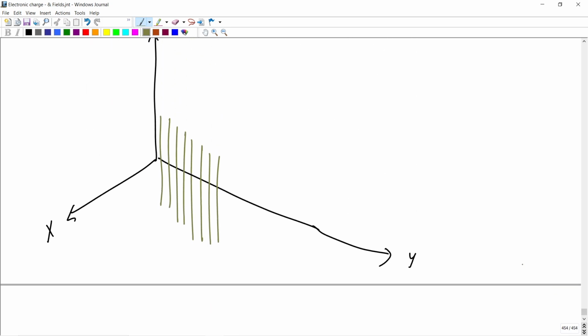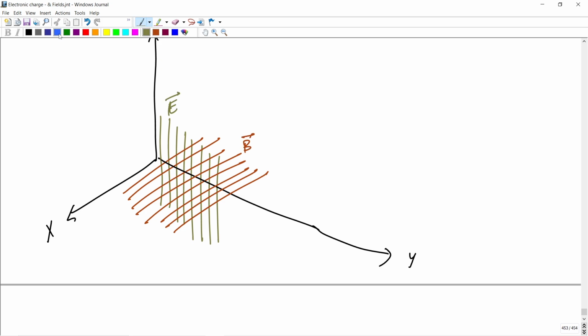Now there is obviously a magnetic field, in that direction. That's B, and there's the electric field E, so these are unpolarized light. Why? Because there is more than one possibility here, more than one plane.